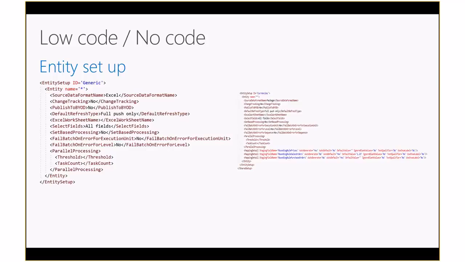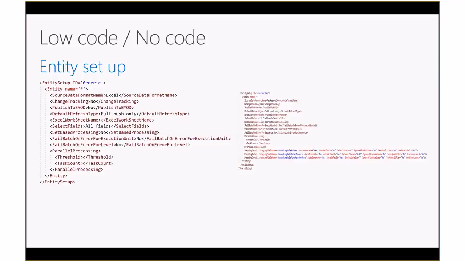So it is quite flexible to have a concept of a wildcard on the entity setup, where we say that these specific settings apply to all entities in the data package without having to explicitly define them one at a time. That is where the star in the entity name comes into play: it is a wildcard that applies all the settings to all the entities in the package.